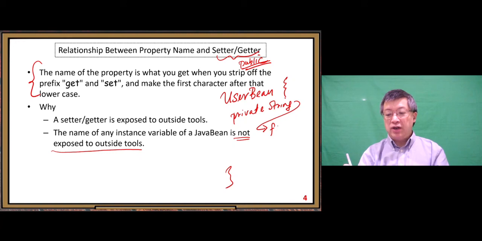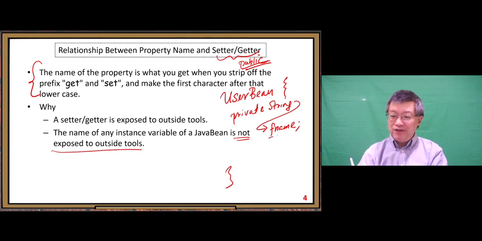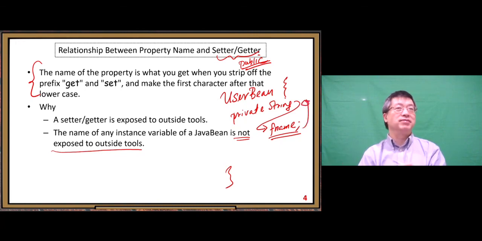How about I just call it fName? Because my private instance variable, I can call any name I like. So here I call it fName. This is the instance variable of my JavaBean.